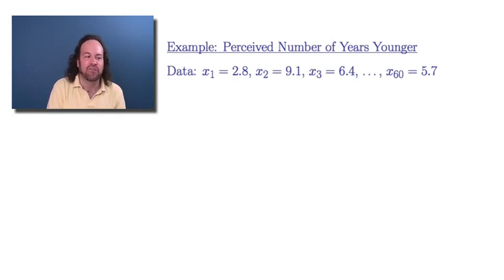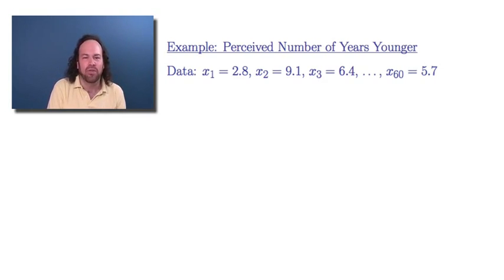So the first one was 2.8 years younger, the second one was 9.1 years younger, and so on, up to the 60th one, who was 5.7 years younger. So what we'd like to know is the true mean value for the general population of people who undergo this plastic surgery. That's the theoretical world, and we'd like to know the theoretical or true mean value, which we'll call mu. But all we have are the data.